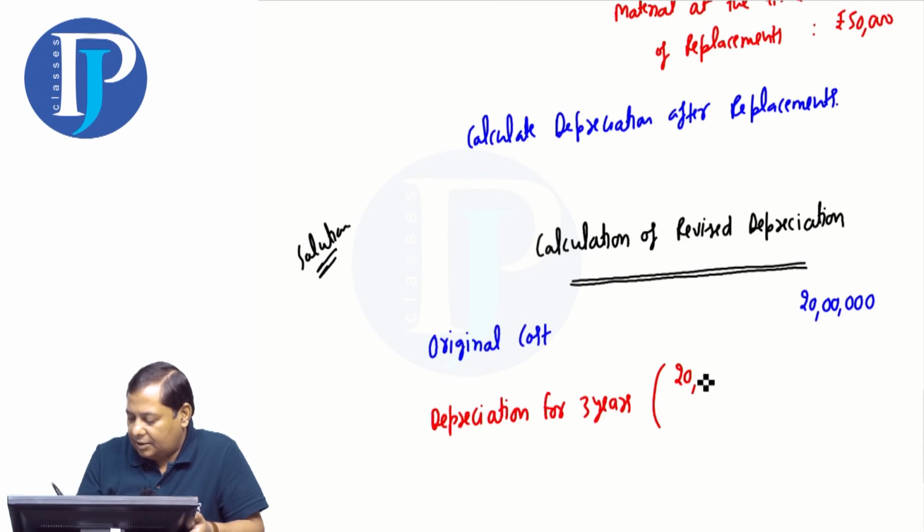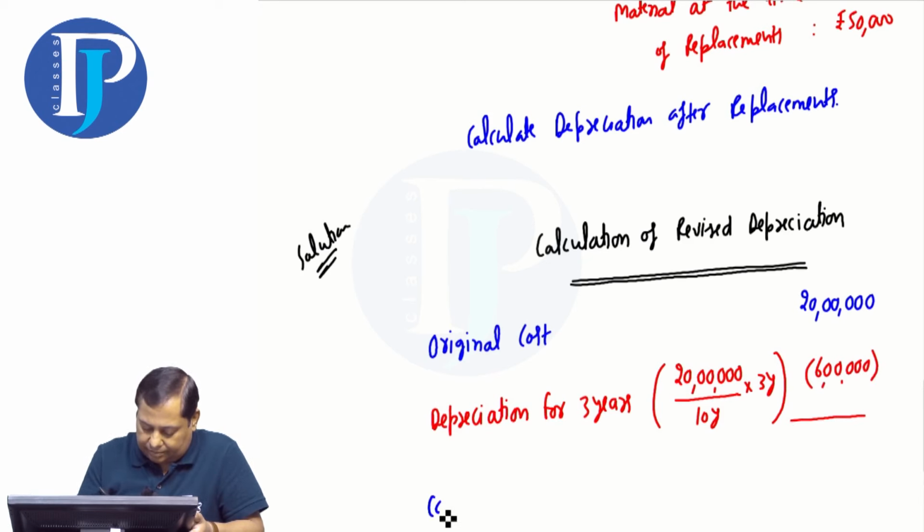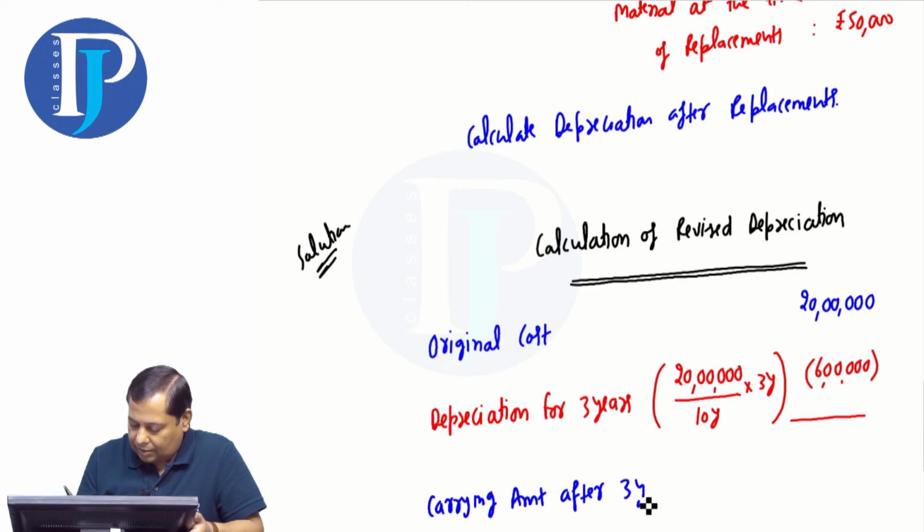You know very well that this 20 lakh rupees should be divided by 10 years, and multiplied by 3 years. That is 6 lakh rupees. We will subtract this. This will be the carrying amount. After 3 years, we have a carrying amount worth 14 lakh rupees.